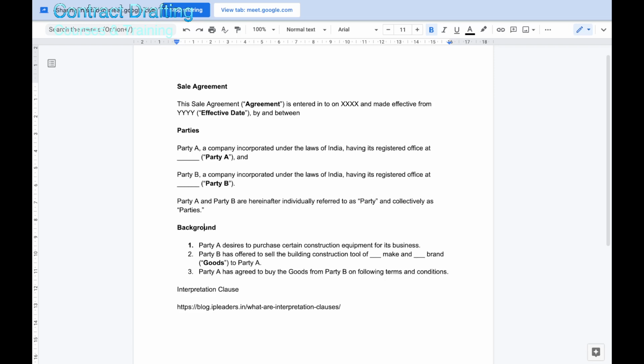Party B has offered to sell the building construction tool of so and so make and so brand to party A. Now, this building construction tool of this make and brand is defined as goods. Now, see how we have used this definition in this third sentence. Party A has agreed to buy the goods from Party B on following terms and conditions. Is it clear?